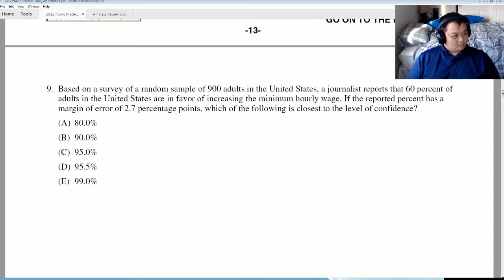If the percentage has a margin of error. Do you know how to use the margin of error? I know. Okay. But maybe my calculation is incorrect. I don't know.